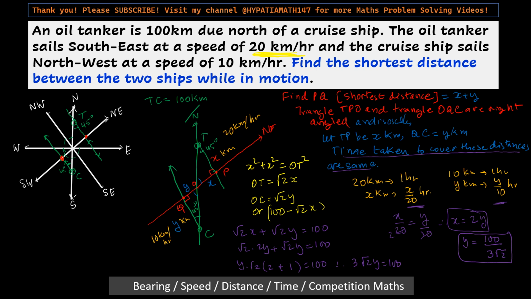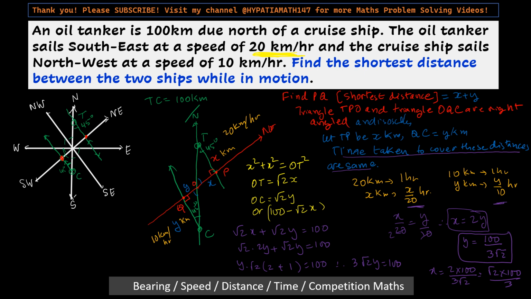X is 2 times 100 divided by 3 root 2, and that is root 2 times 100 out of 3. So I just have to add x and y to get the answer.